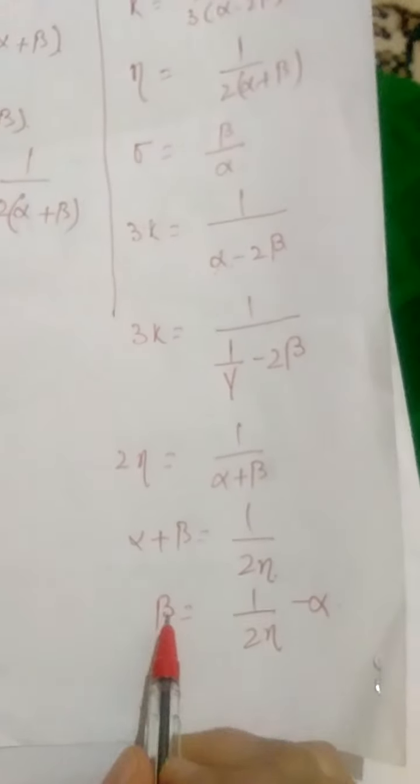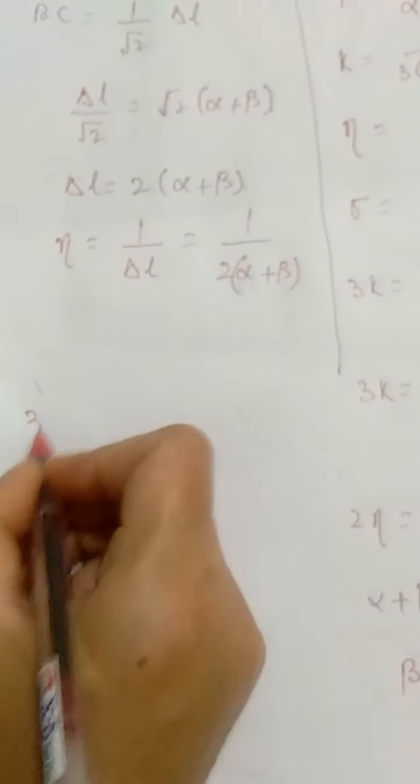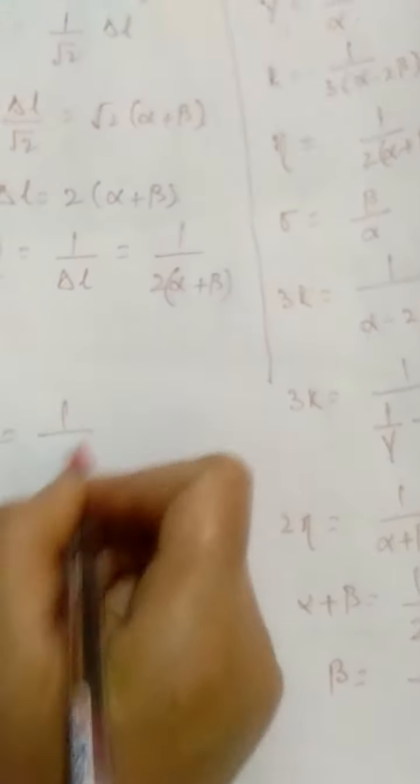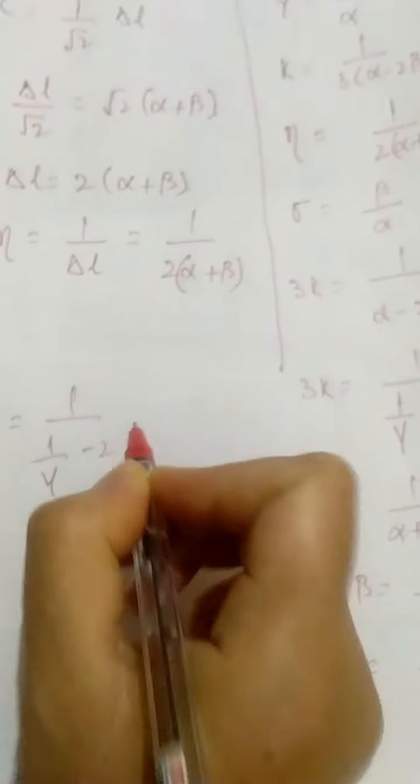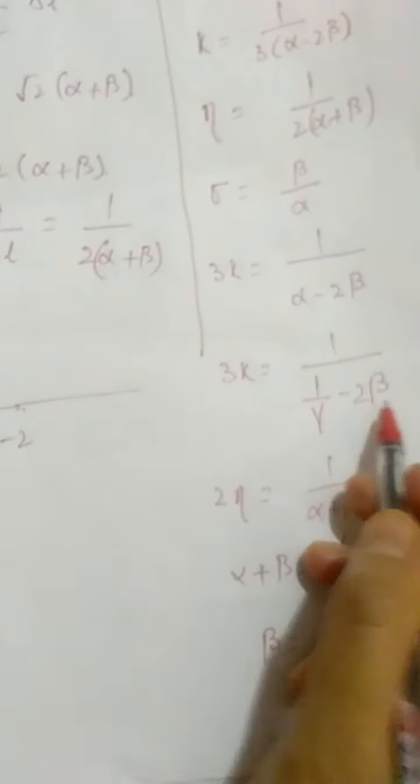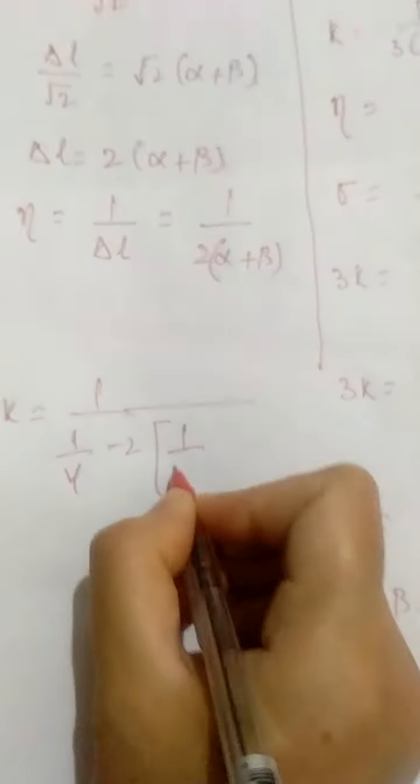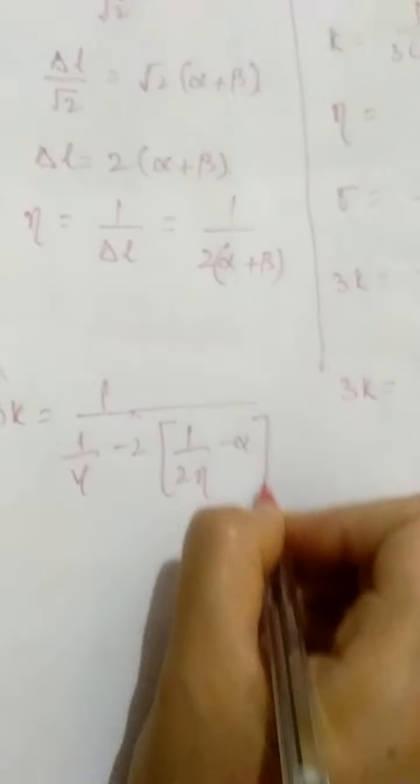So let us substitute the value of beta here, and what do we get? We get 3k is equal to 1 by alpha minus twice beta. For this beta, we are going to write 1 by 2 neta minus alpha.